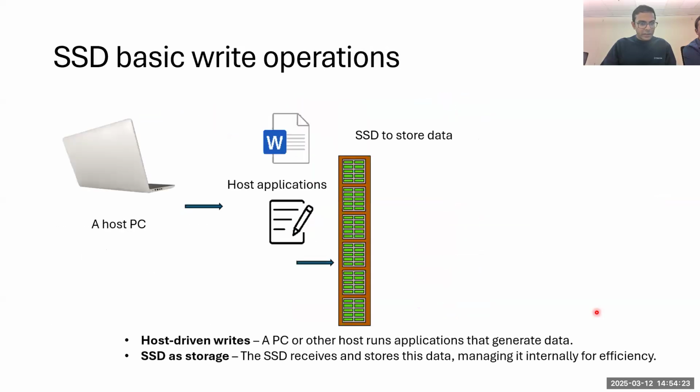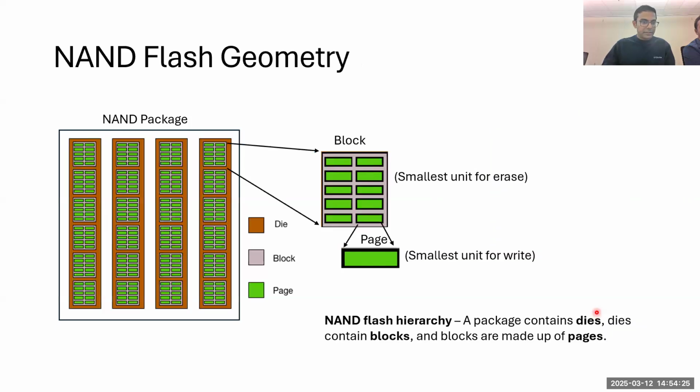Let's say in this example, this particular block reaches that limit. So maybe what we can do is mark this block or the entire die offline, saying we would no longer write to this block or this die anymore.